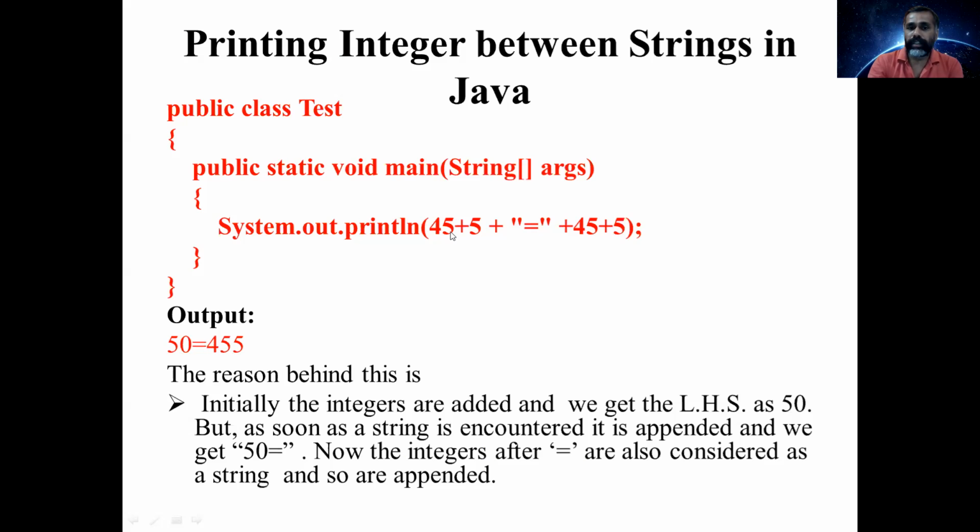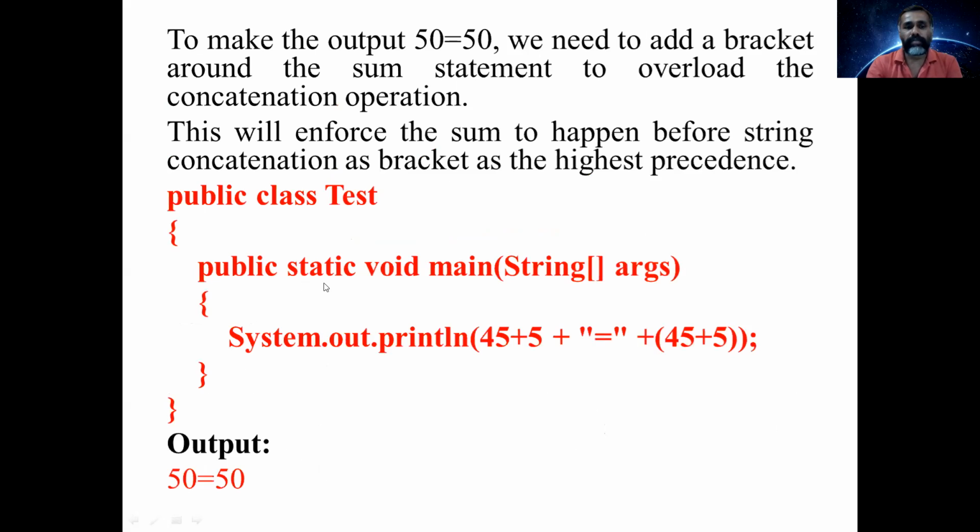If you want to print 50 is equal to 50, you want 45 plus 5 to be treated as an integer sum, so you have to give higher precedence to those values. For example, consider this program. To make the output 50 is equal to 50, we need to add a bracket around the sum statement to override the concatenation operation. So we put parentheses around 45 and 5. The parentheses give higher precedence, so 45 plus 5 will be added first and then 50 will be appended to the output.